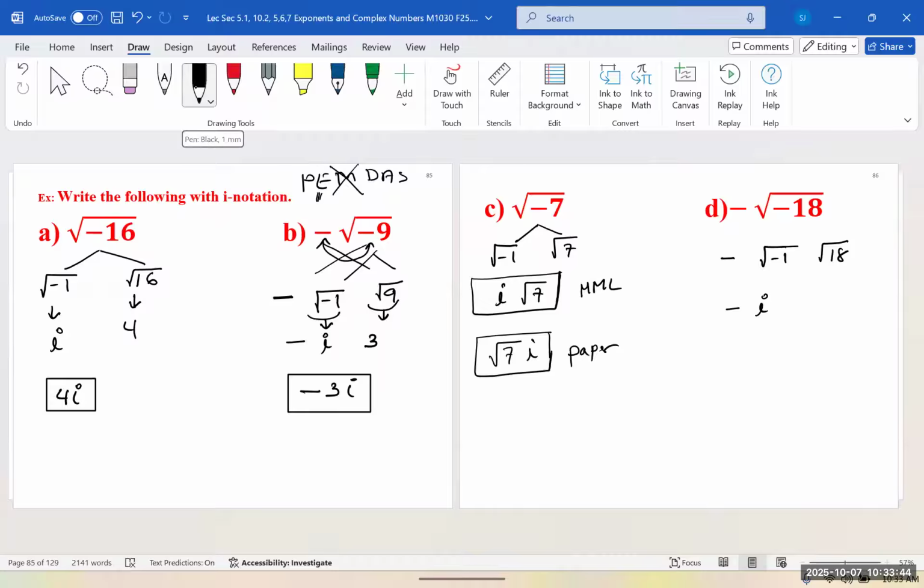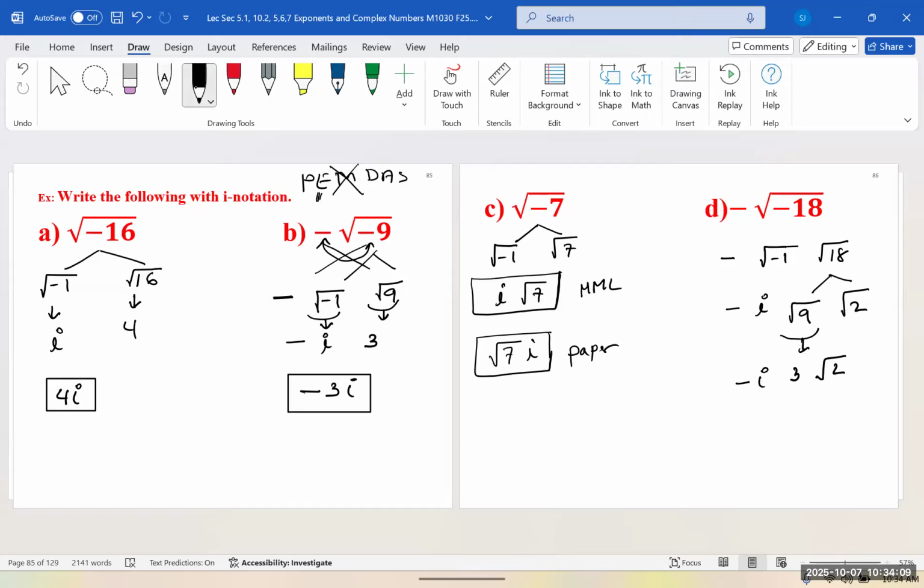So 18 is under the radical, right? Can you split 18 into two pieces, one that is a perfect square and one that is not? 9 and 2. The square root of 9 is 3. So we get negative I3 and radical 2.